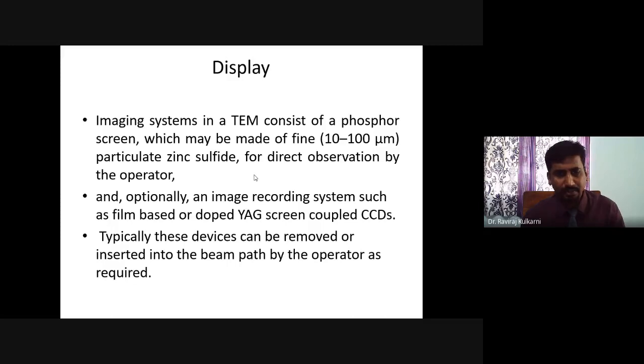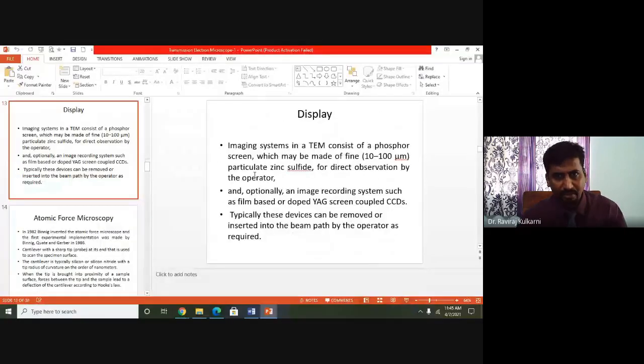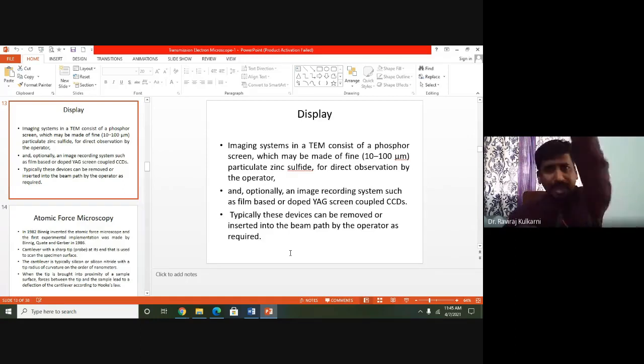So I'll stop here. If you have any questions on TEM: for characterization, nanoparticles you cannot see, so you have to rely on electron microscopes, and also you can go for probe microscopes. See, this is my hand. Either I can see it or I can feel it.